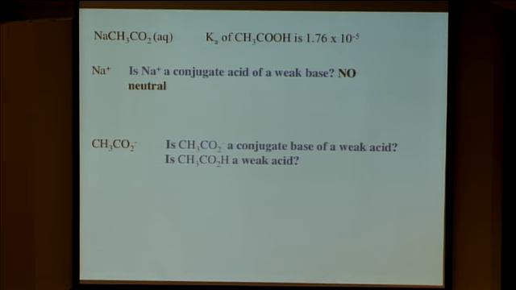So is its conjugate going to be a weak base? Yes. So given that information, if it's a weak base, then it'll be basic in solution. And we have something that's neutral plus basic, so overall, you get basic.